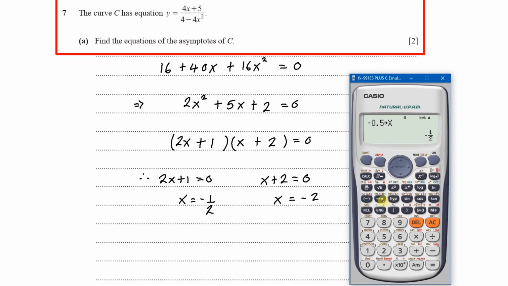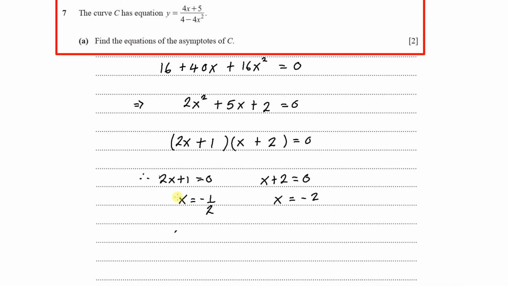So we have y equal to (4x + 5) over 4 minus 4 of x². So if x is equal to minus a half, we get y coming out as 1. So here we can say y is equal to 1.